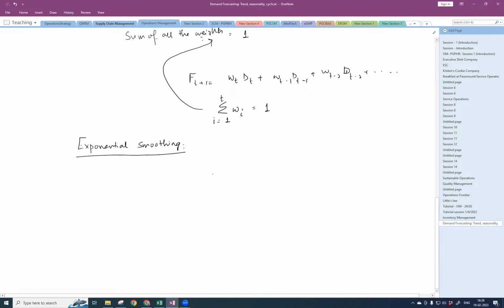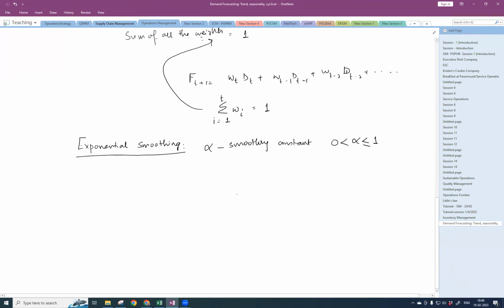As you know, in weighted moving average you have to choose multiple different weights depending on the size of the data. It might be a cumbersome issue to calculate all the different weights, right? The good part with exponential smoothing is that there is only one smoothing constant to choose, and it lies between 0 and 1, right?